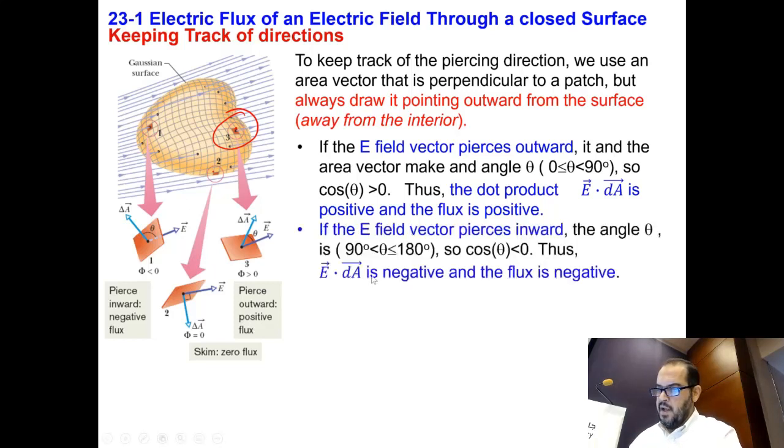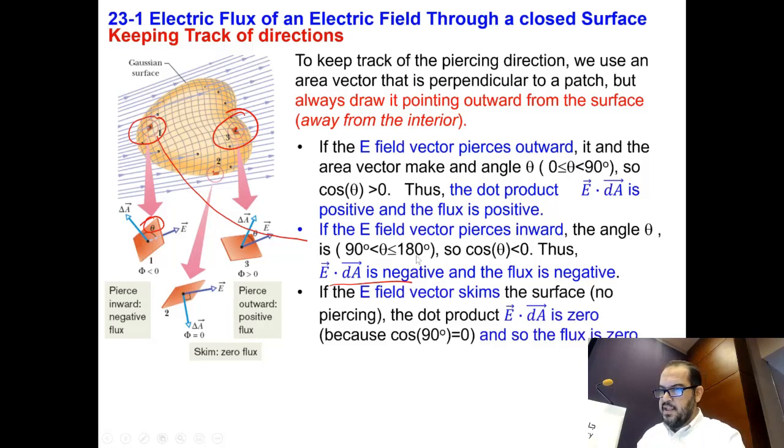Now, if the electric field pierces inward, like here, in this case, the angle theta is going to be between 90 and 180 degrees, as you can see. And so cosine theta is going to be negative, and E dotted with dA, which is the flux at that location, is going to be negative.